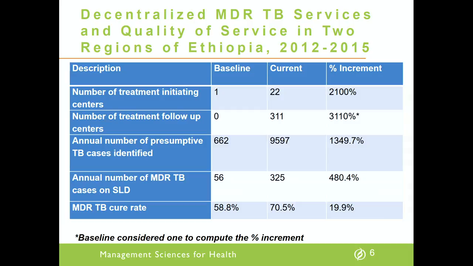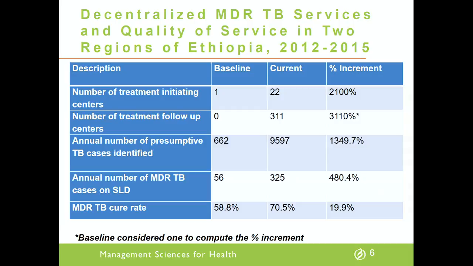So this number is a bit outdated. We have more patients now, but this is just to show you how decentralization of services has contributed to tremendous improvement in service accessibility. And the cure rate, the global average as of last year was 48%. So with this decentralization, one of the concerns with many experts was the quality of services.